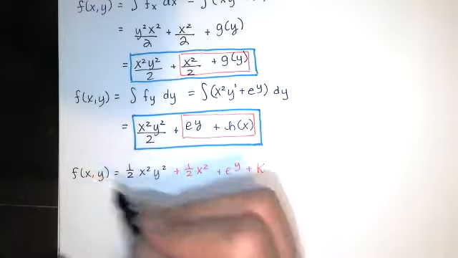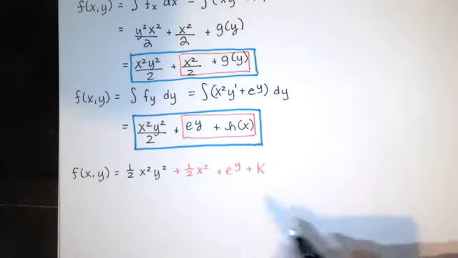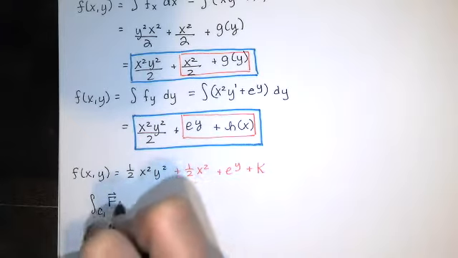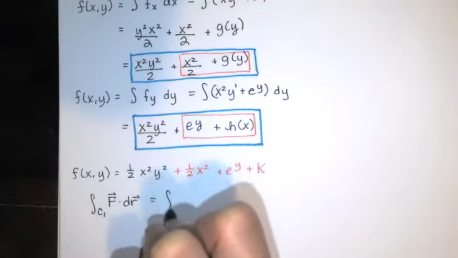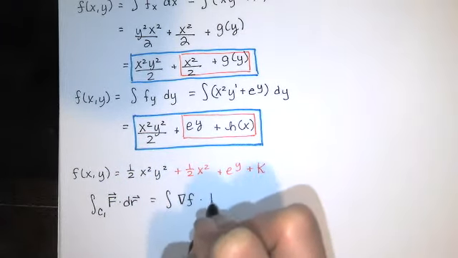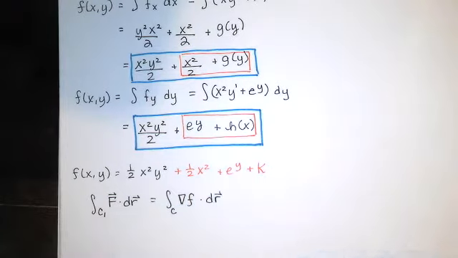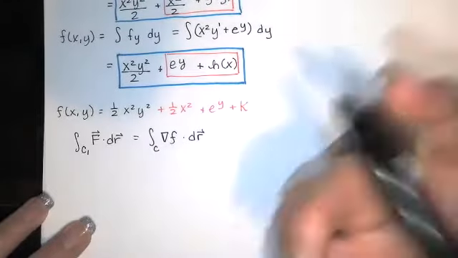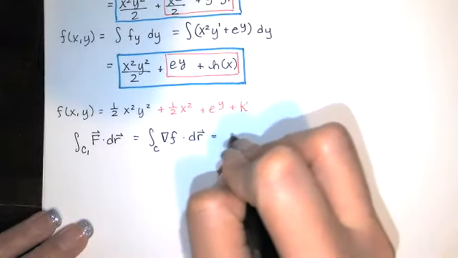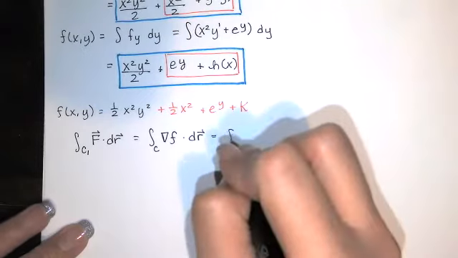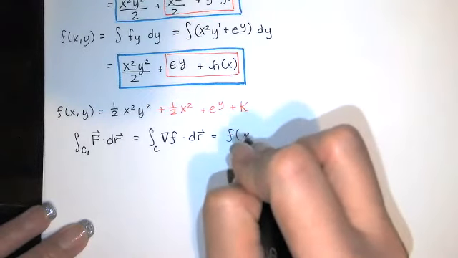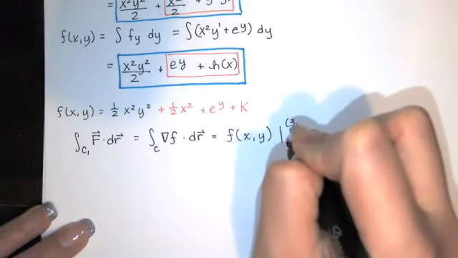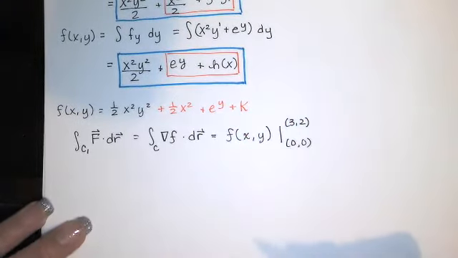So given that, now let's use this to evaluate the line integral. So the line integral over C1 of F dotted with dr is the line integral of the gradient of little f dotted with dr. Well, according to the theorem, that's equal to f of x, y evaluated at the end point and the beginning point, and we subtract.